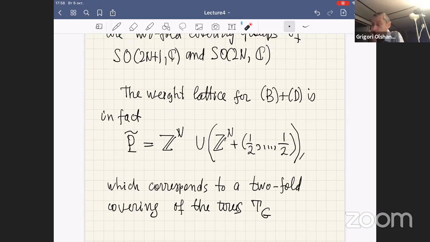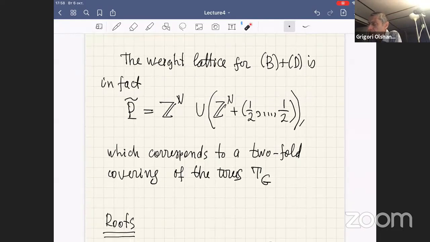So this is the true definition of the weight lattice for the orthogonal Lie algebra, one can say so. We will see why it is useful to use this lattice. But we will deal exclusively with the orthogonal group and not the spinor group.